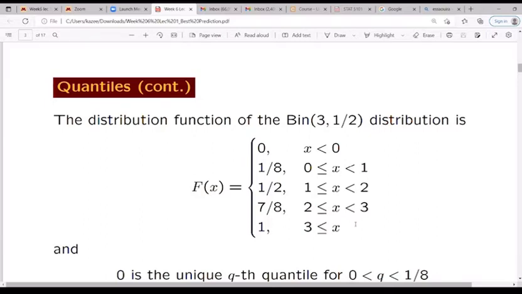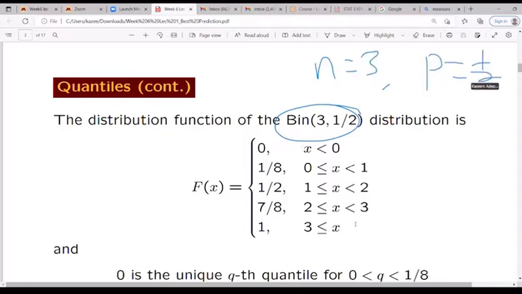If you take a look at the example I'm citing now, it is that of a binomial distribution, with sample size n equal to 3 and p equal to half.